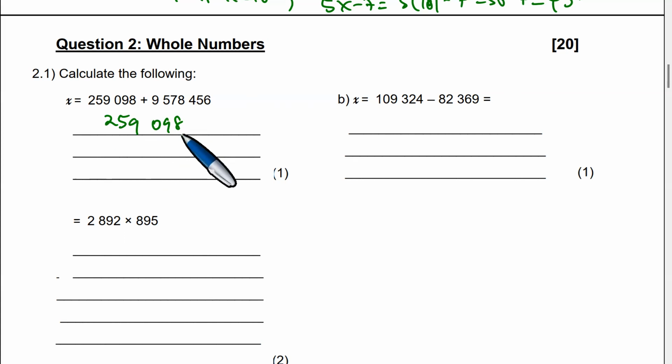You add with that one. Then write them the other way around, because this one has more digits. Four, five, six, then you have 259,098.